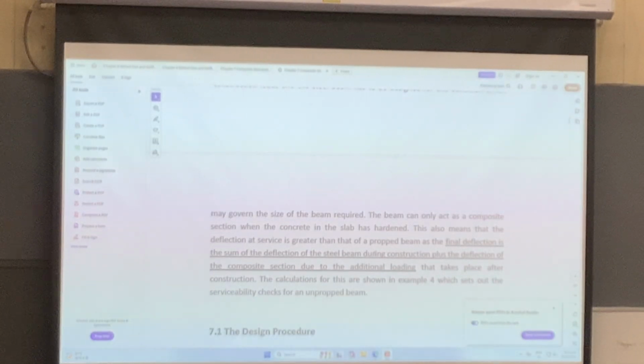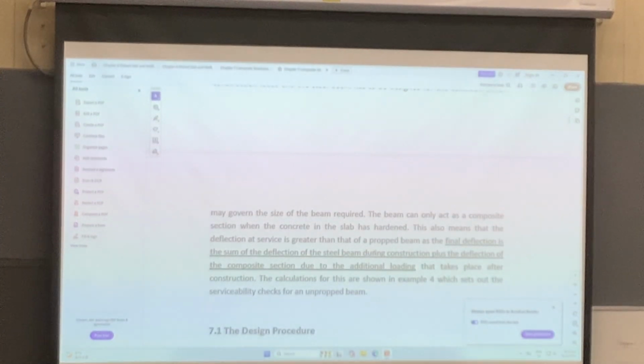The total deflection is actually just due to the composite performance of the beam, okay? Because all the deflection is during the composite stage of the beam. So for here, the total deflection will be the construction stage plus the delta in the composite stage. Okay?